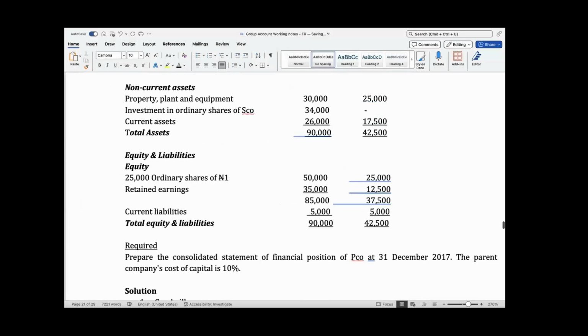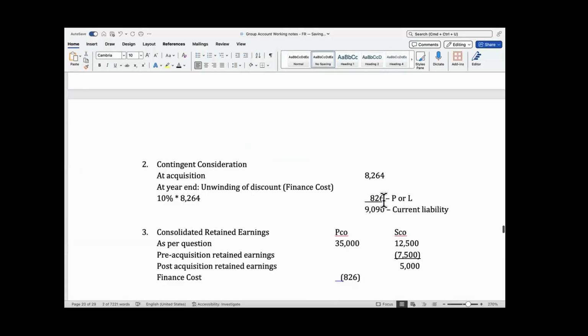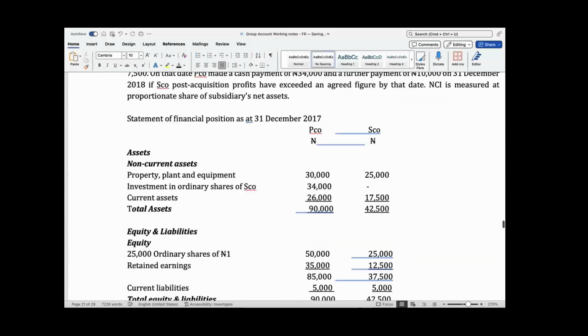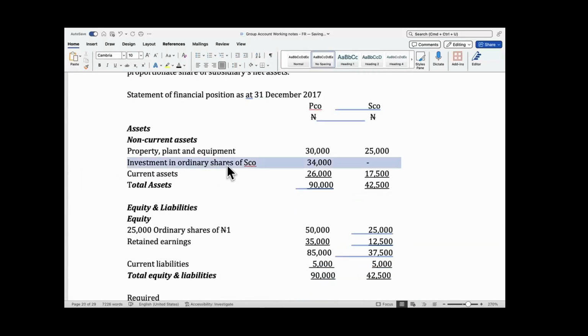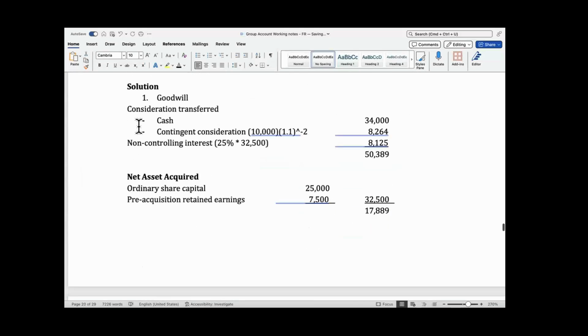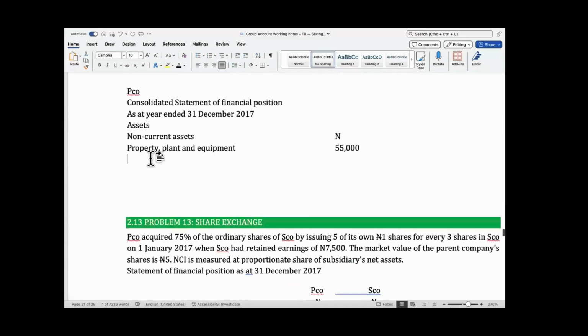Now, the first item here is PPE, and if I add these two together, it gives me 55,000. The second item is investments, and this has been cancelled out against equity, giving us a balance of goodwill of 17,889. So we have goodwill 17,889.